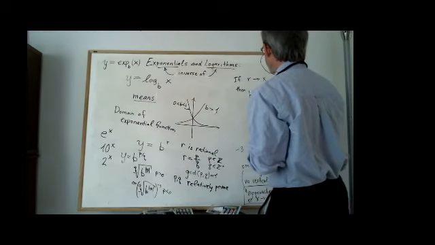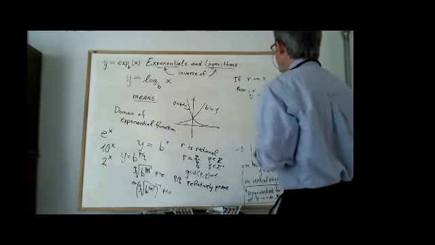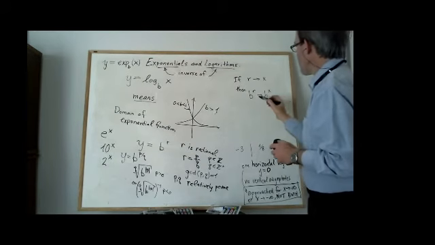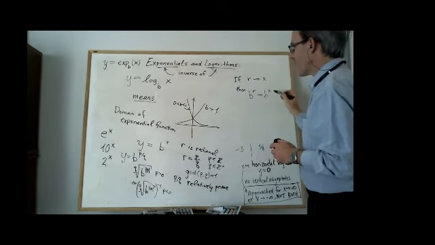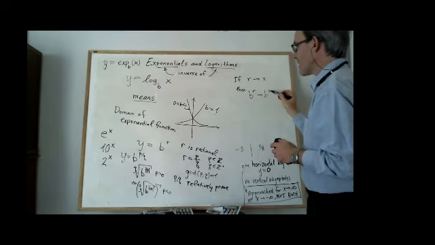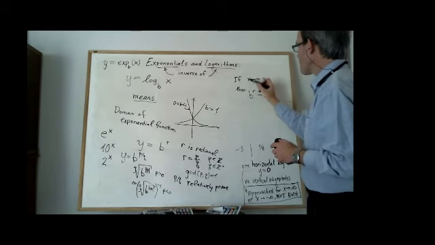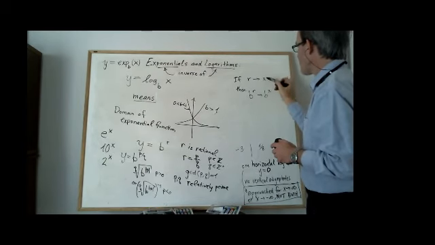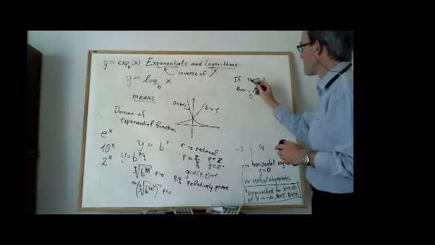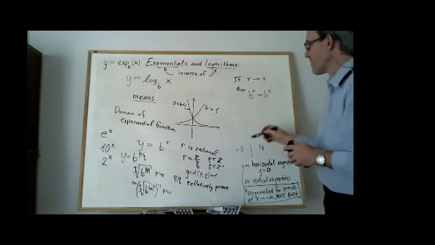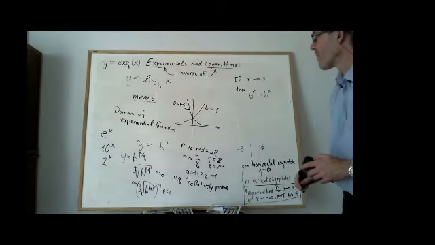So you can find this expression for any real value of x that you like, just by approximating that real value x by some rational number, and then you raise b to that rational number. And those operations you know how to do.